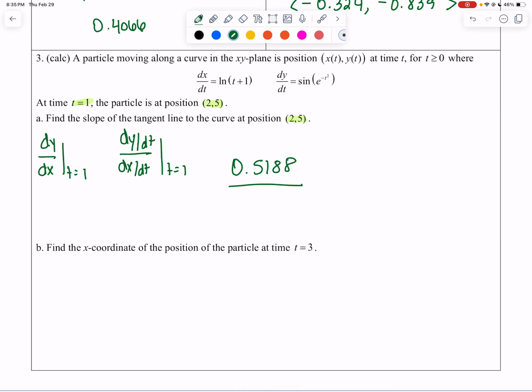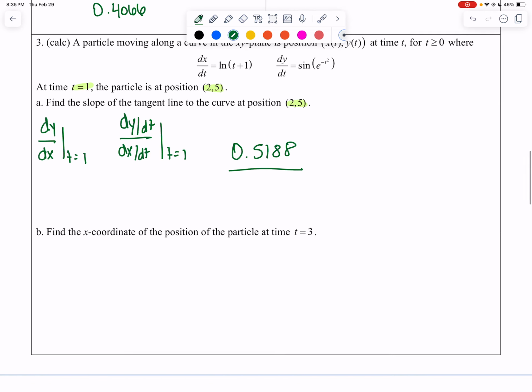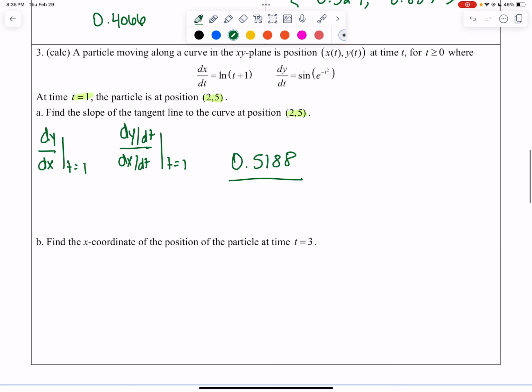Part B says find the x-coordinate of the position of the particle at time t is equal to 3. Okay, so we are given the derivative, the velocity. So to find the x-coordinate, I'm going to have to take the integral to get that. Well, notice how at time 1, the position is at 2, 5.